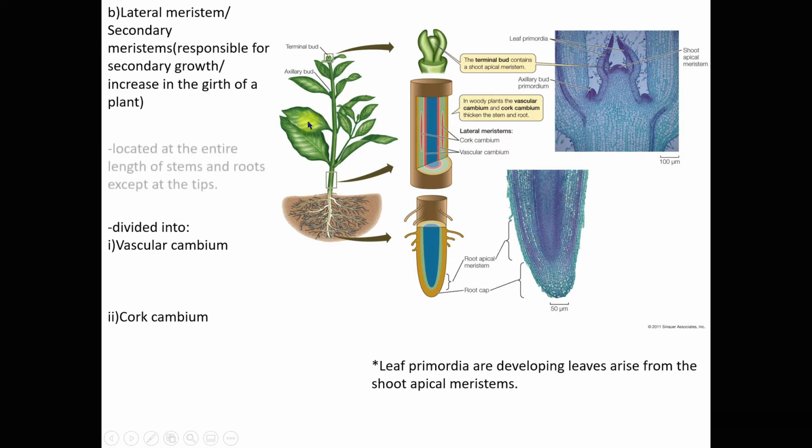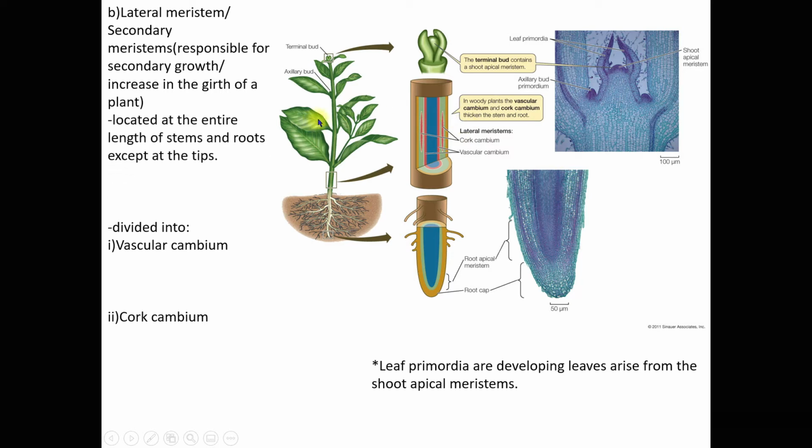Now, this lateral meristem is located at the entire length of stems and roots except at the tips, because at the tips we have the primary meristem. So apparently lateral meristem dijumpai di seluruh bahagian sisi tumbuhan, di stem ataupun di roots, except di tip saja.